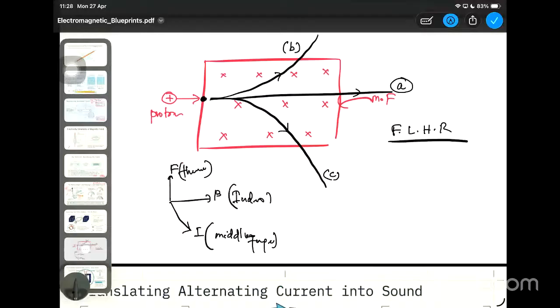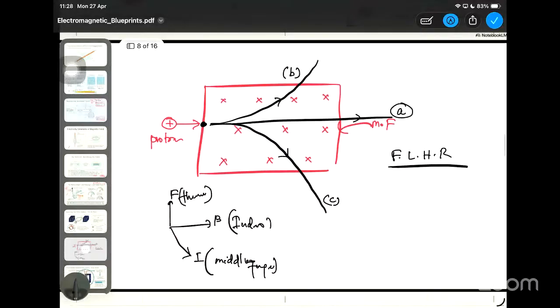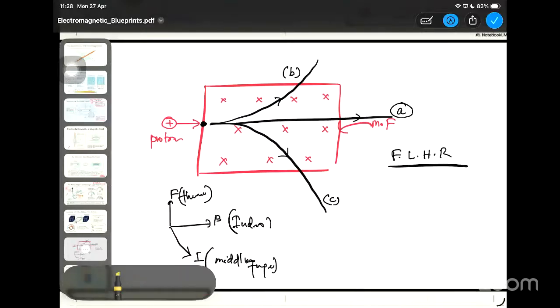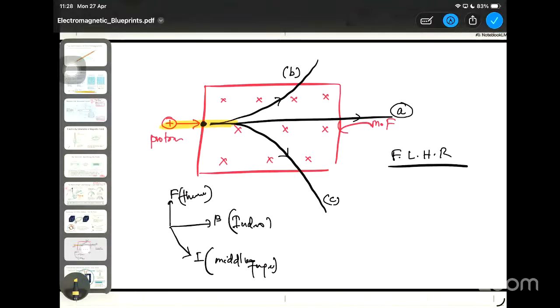Now you need to adjust your fingers and adjust your hand and see what is the correct path, right? The current direction is the movement direction of this ion. So the current direction is going to be like this, which means the middle finger will be arranged like that.